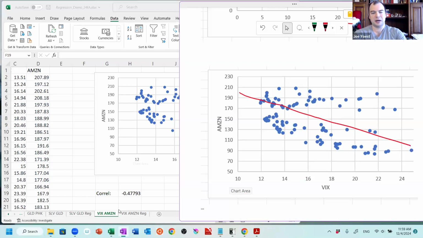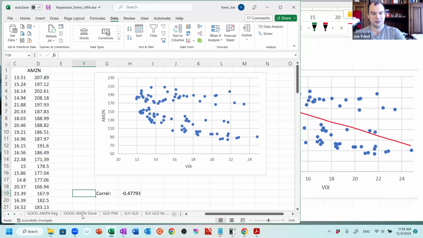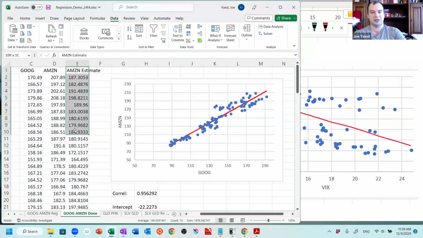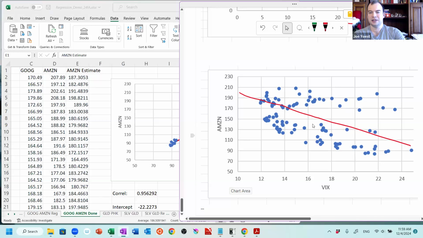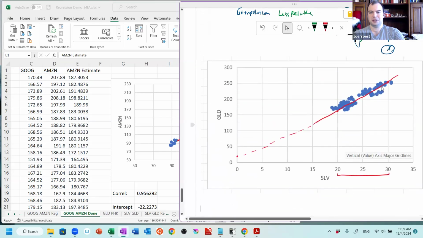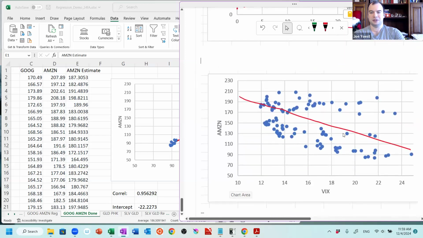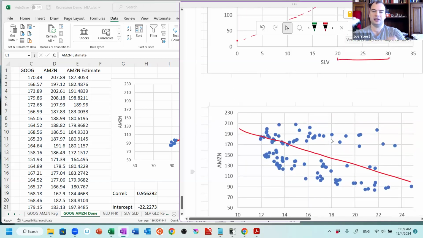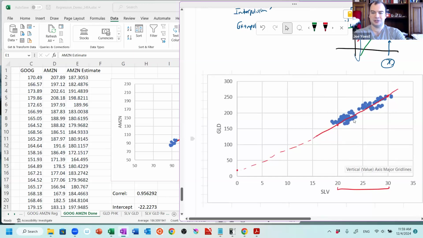I was planning to do this properly, but just ran out of time. We could come over to Excel, do the same kind of thing that we did over here with these estimates and get a proper graph of the actual regression line, but we're just ballparking it here. But we see that this is not going to be nearly as nice of a model as, say, something like this. These points are not nearly as tight into that linear model as these ones are.